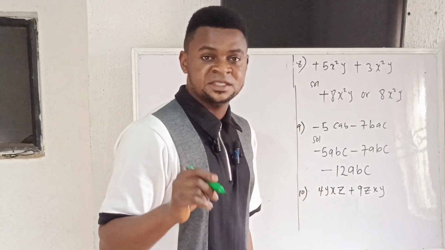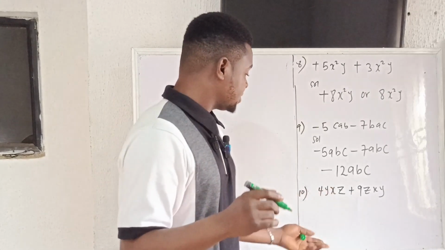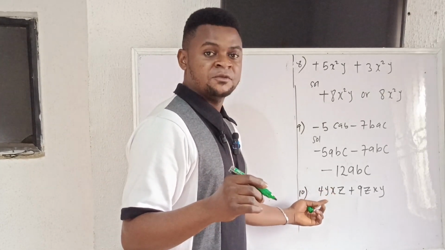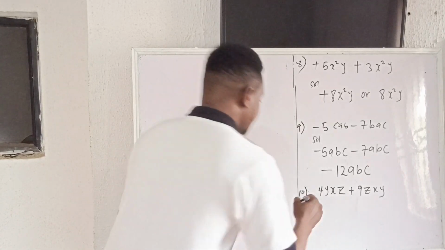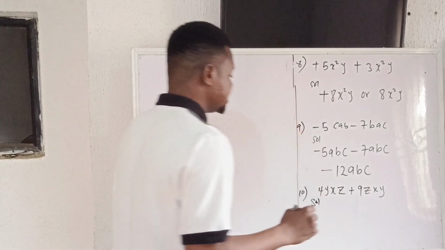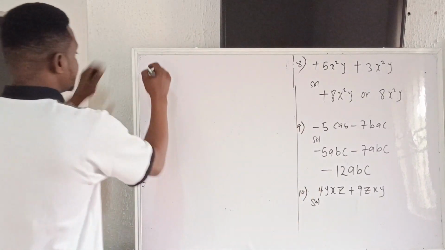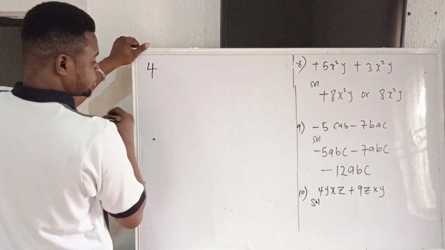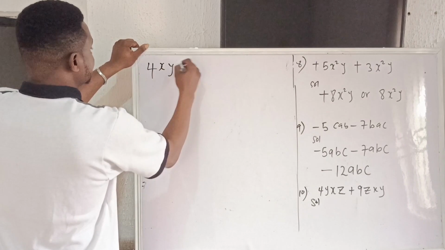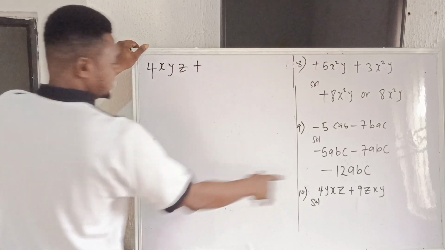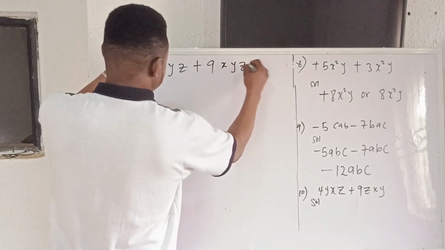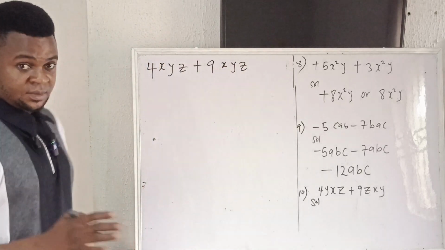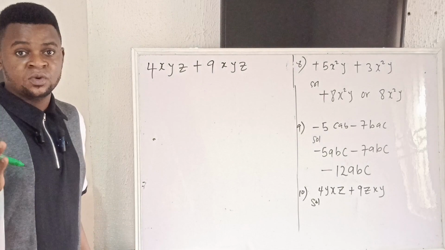No, these are not arranged in alphabetical order, because in alphabetical arrangement, X should come first, followed by Y, and then Z. Are you getting that now? So the first thing I need to do is to rearrange my variables so that this becomes 4xyz, plus this also becomes 9xyz. So the variables here have been arranged in alphabetical order.